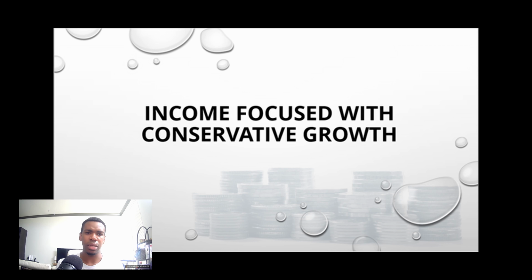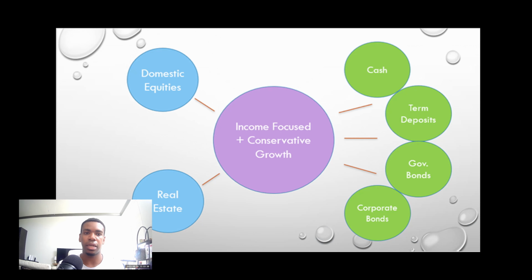This type of portfolio is still considered mainly defensive, but the addition of some growth assets does increase the chances of some capital loss, which is the trade-off for conservative growth potential. The asset classes from the defensive category that are suggested for this portfolio are cash holding, term deposit investments, and corporate and government bonds.